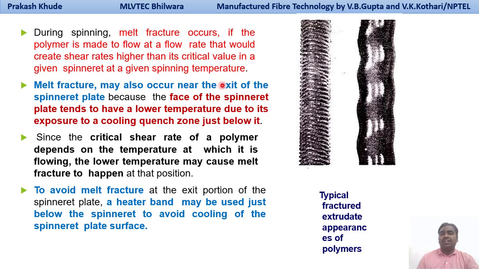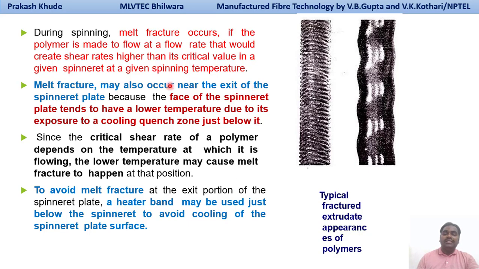This melt fracture normally occurs near the exit of your spinneret plate because the face of your spinneret plate tends to have a low temperature due to its exposure to the cooling quenching zone just below the spinneret.